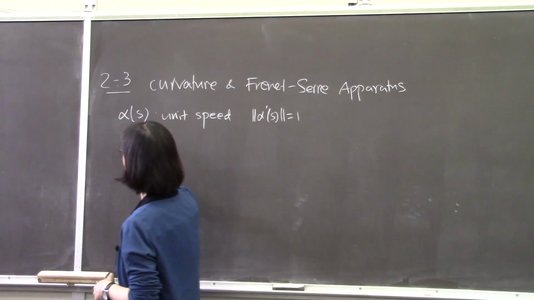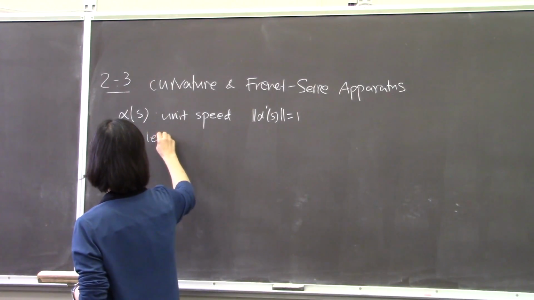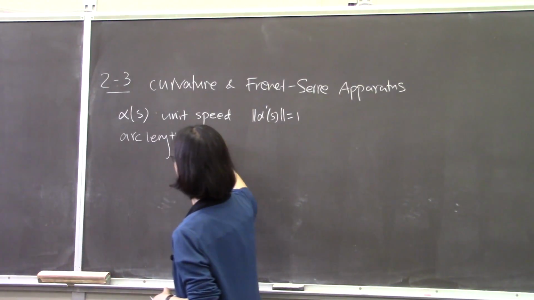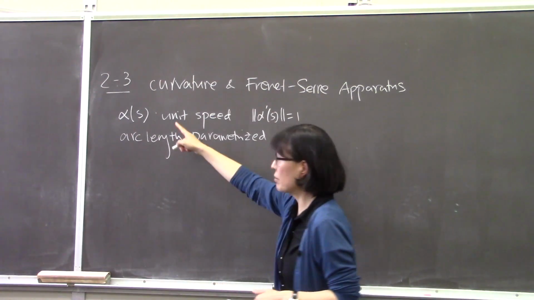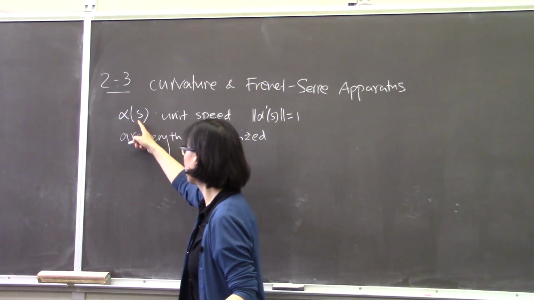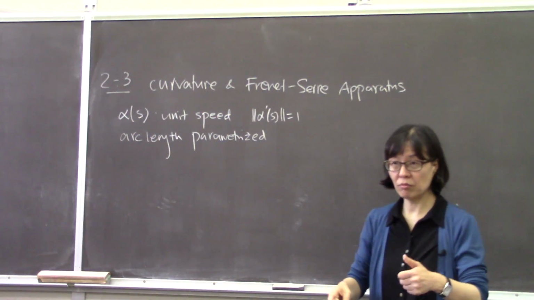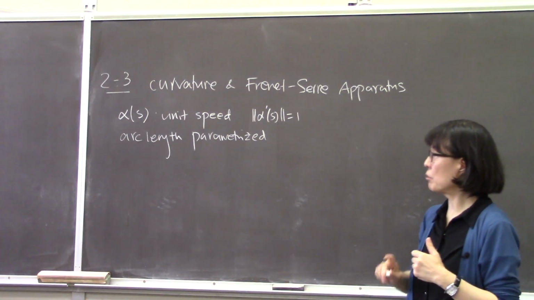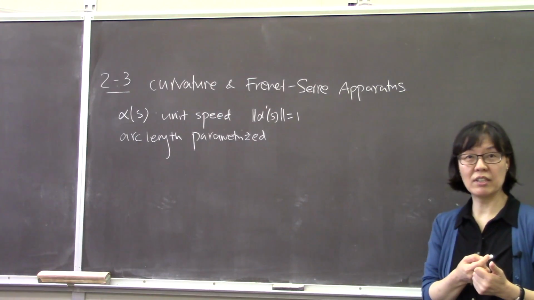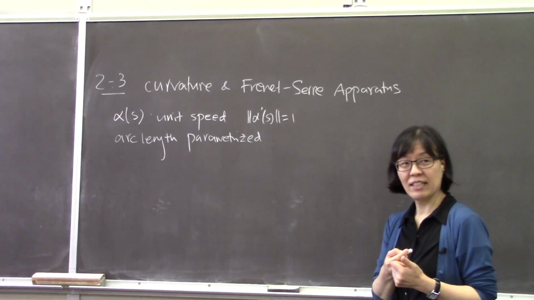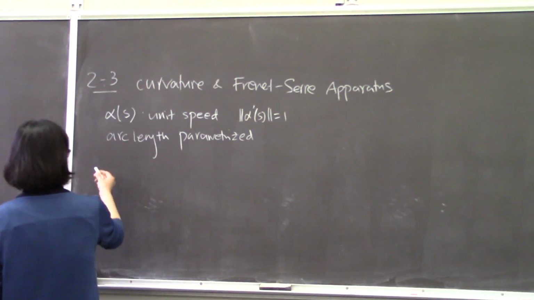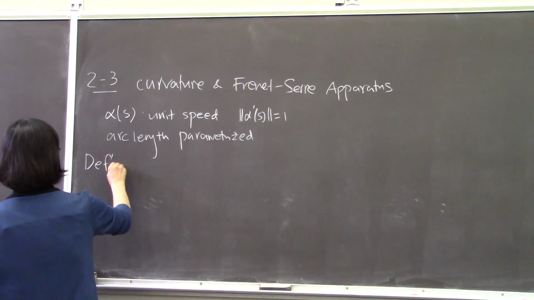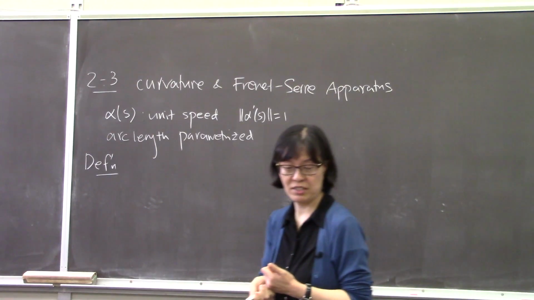So we had the arc length parameterized. If you have an arc length parameter, then we learned the curve becomes unit speed, right? Okay, then with that, actually let's define the curvature.